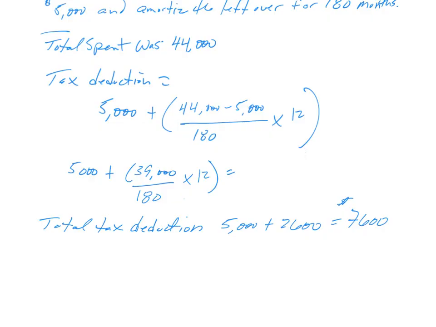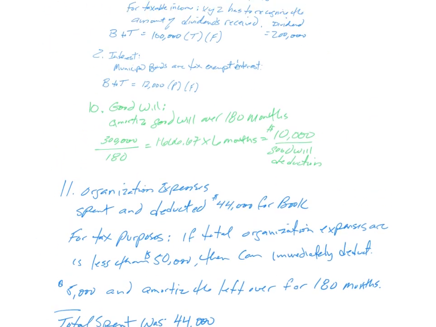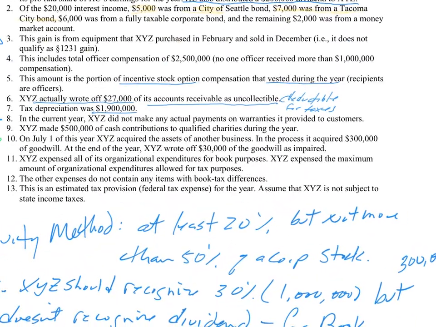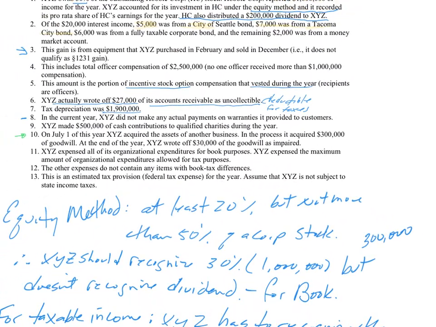Go take a look at our notes and see what other expenses. All right, here we go. The other expenses do not contain any items. Okay, so let's go look. So this 13, this is an estimated tax provision related to federal tax expense.